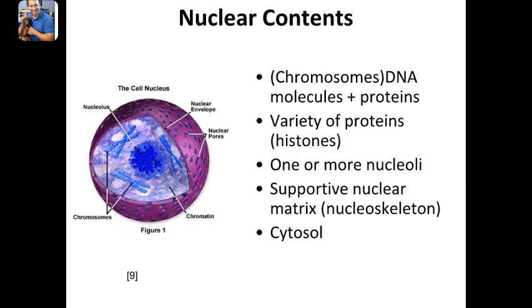It's our nucleolus, a little darker area you'll see within the nucleus itself. And there's a matrix within the nucleus, or a nucleoskeleton. So again, there's a little internal framework there consisting of the fluid and the tent poles, and that supports everything. There's also cytosol, or a fluid, within that nucleus.